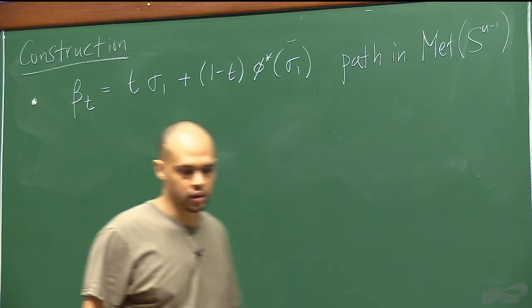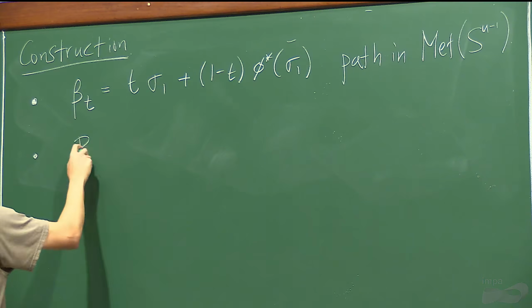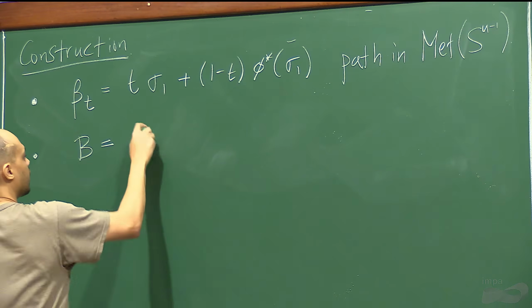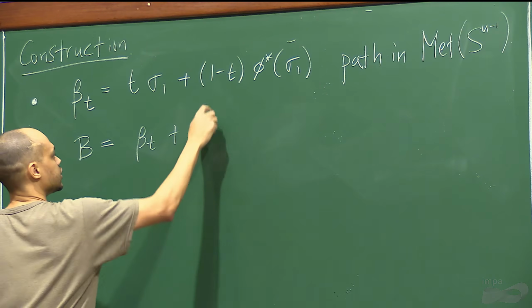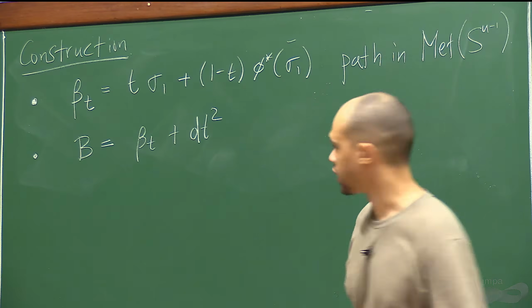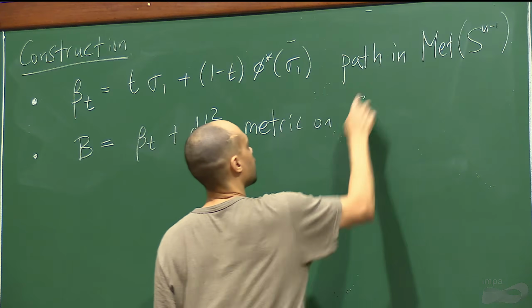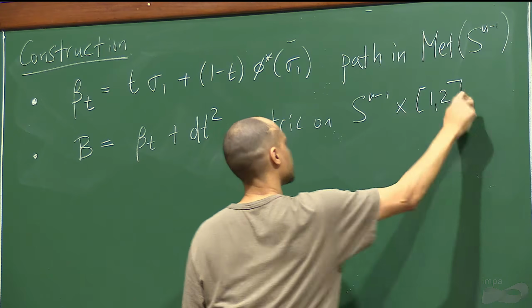And then we'll define B, which will be a metric on the annulus, to be beta t plus dt squared. Okay, it's a metric on this annulus.